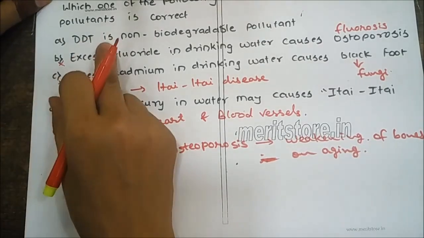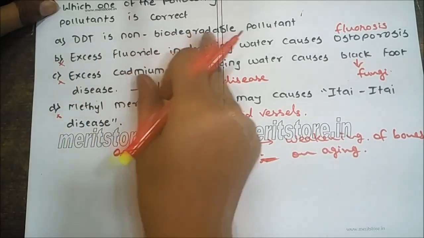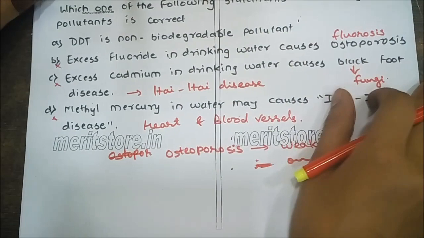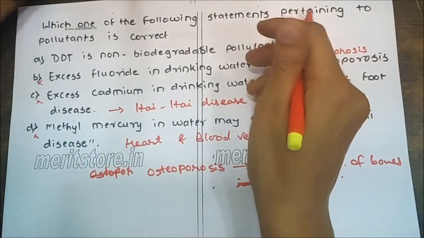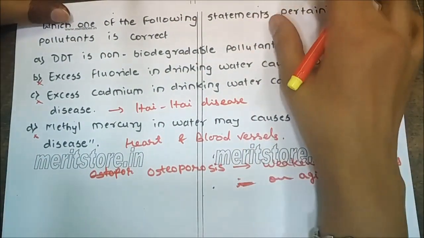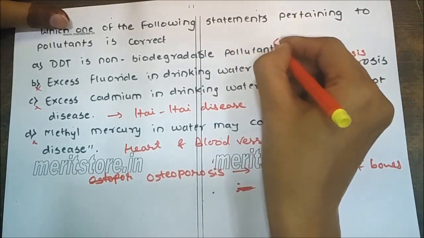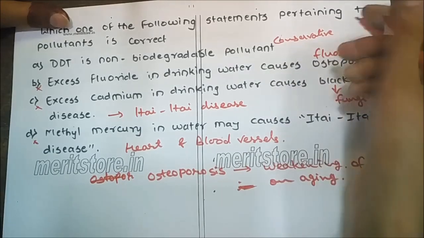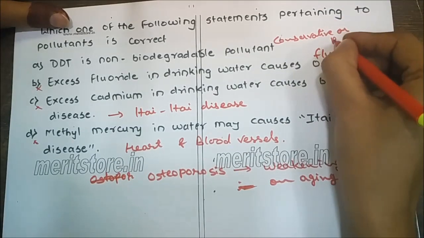So the statement that DDT is a non-biodegradable pollutant is correct, because it persists in the environment, and it is called a stable compound, or a conservative or persistent pollutant.